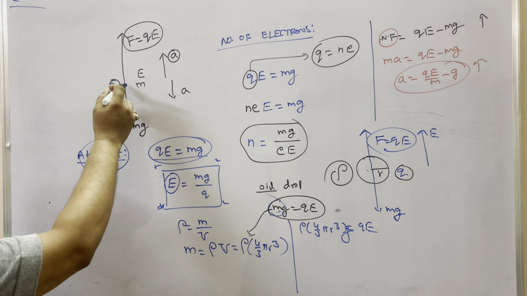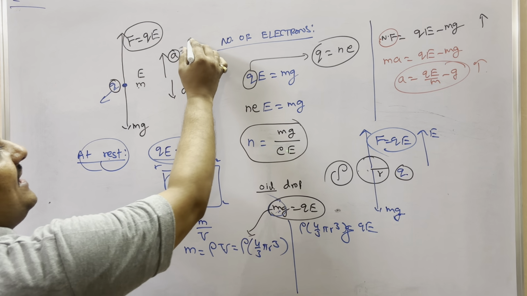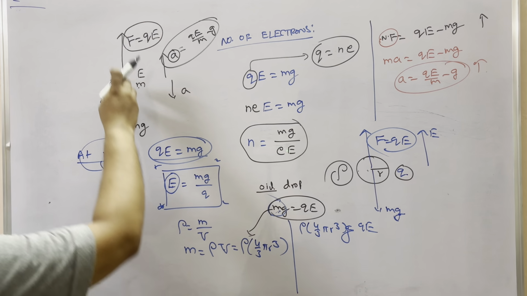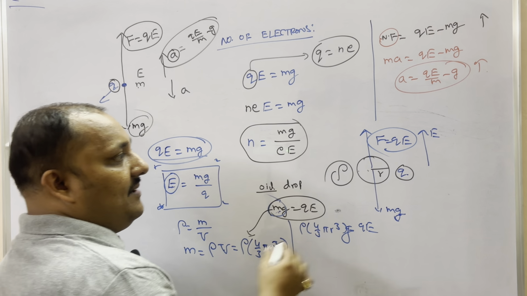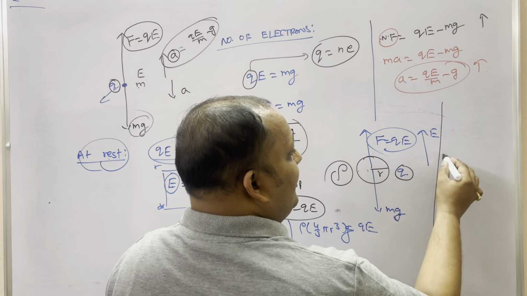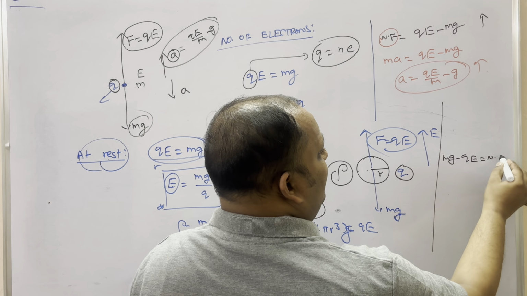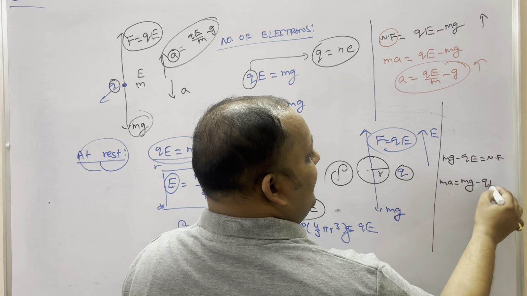If this charge is not at rest and is moving upwards, the acceleration is QE by m minus g. If it is moving downwards, which is higher? mg is going to be higher. So mg minus QE is equal to the net force: ma equal to mg minus QE.